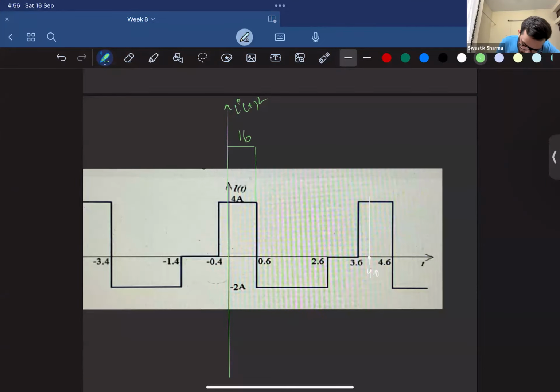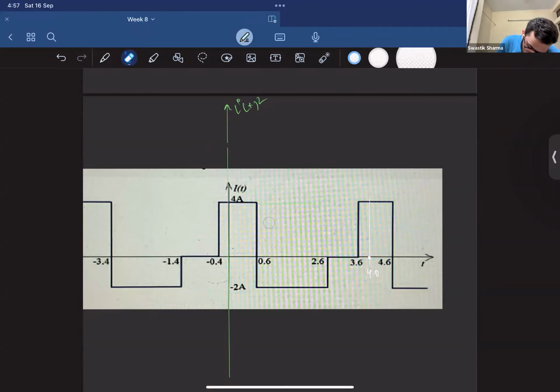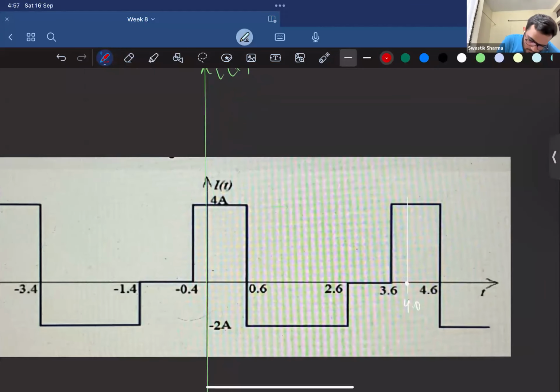And then minus 2, which squared becomes 4.